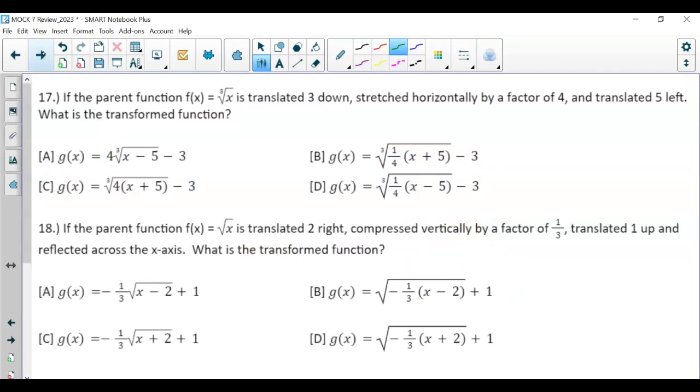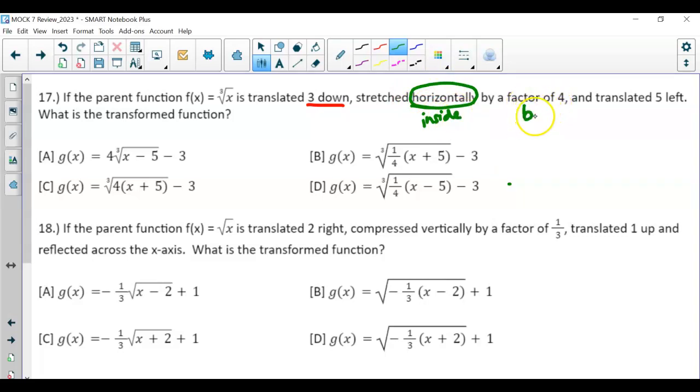Now, question 17, we're looking at the transformations. Notice how here we are translating the cubed root of x 3 down. Well, so far, all of them have -3. Then stretched horizontally. Remember, horizontal is inside the radical and opposite.